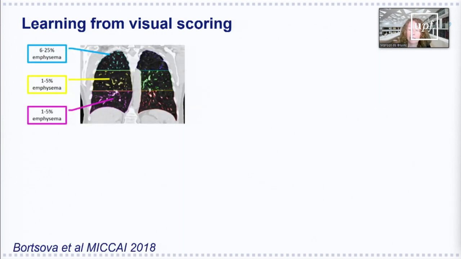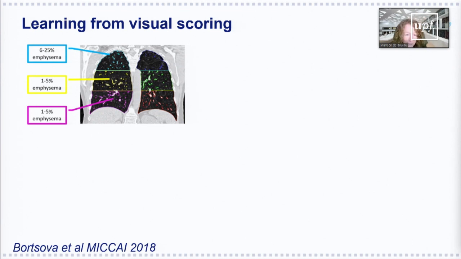Now, quantifying patterns and severity of emphysema can be done visually. Here you see an example of an often used visual scoring system, which indicates the percentage of the affected lung tissue per region. And this is much weaker information than we would get from manual annotations of emphysema regions, but still provides relevant information.